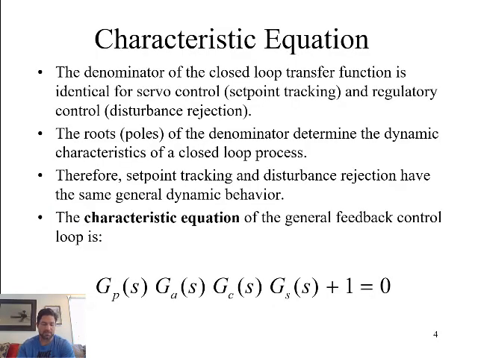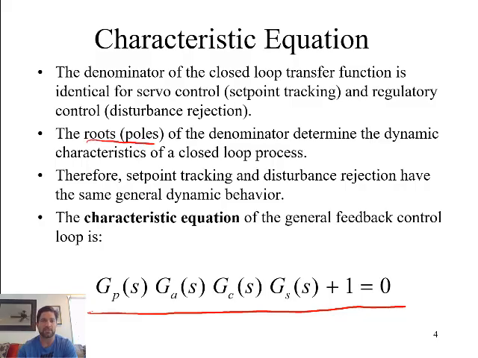Because the denominator is what determines the general stability and response, we use this to assess general behavior. The denominator, we take it, set it equal to 0, and call this the characteristic equation. Then we can assess the stability like we did previously by looking at the roots or the poles.